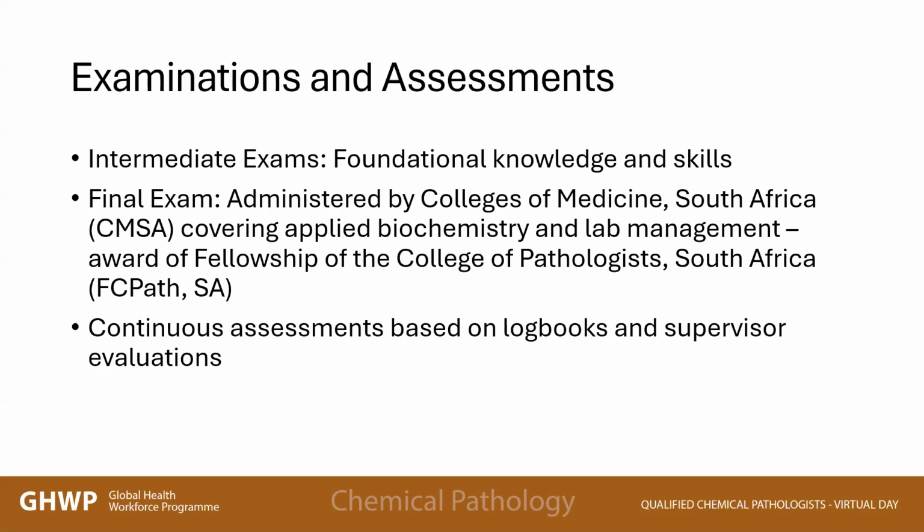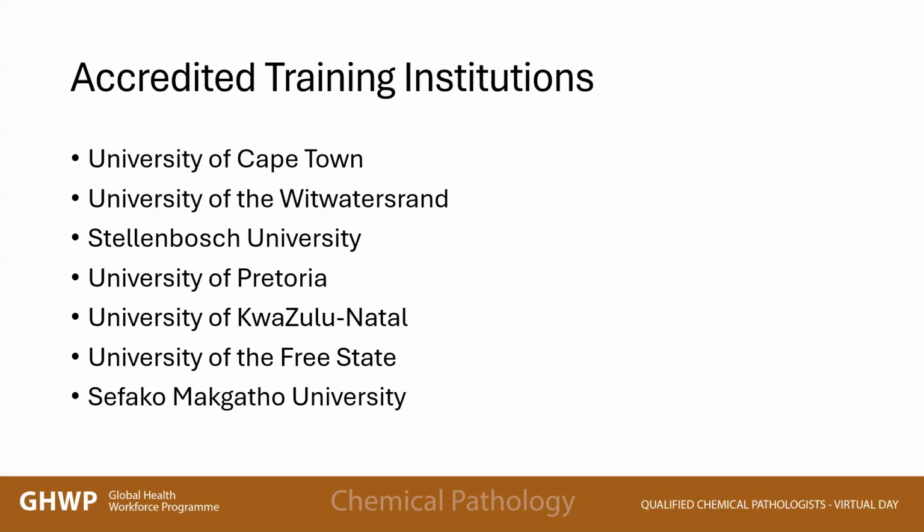In South Africa, it falls under a big umbrella college called the Colleges of Medicine. But you get a fellowship from that body, and then there's a requirement for continuous assessments in addition to examinations, obviously, and there's summative assessment. There's also formative assessment based on the logbooks and the supervisor evaluations, and there's a requirement for that to be a formal record.